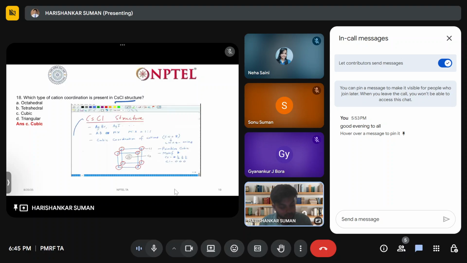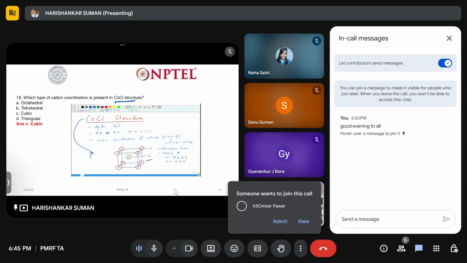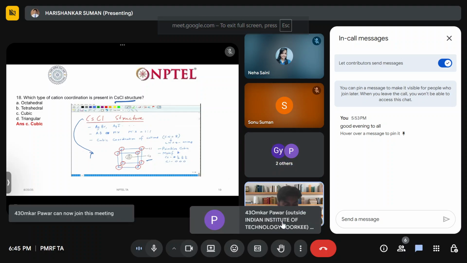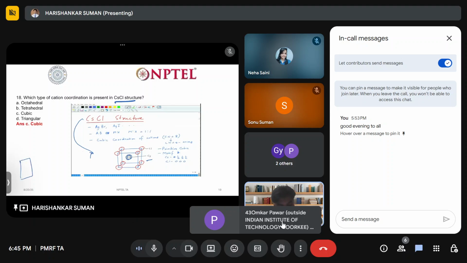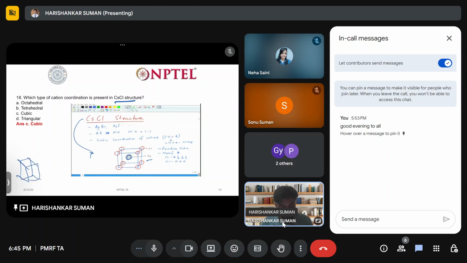We can see the CsCl structure: Cs will be fixed at the center, while Cl will be at the corner. So this type of structure will be simple cubic. Sorry, body centered cubic. This here is Cl and this is Cs.